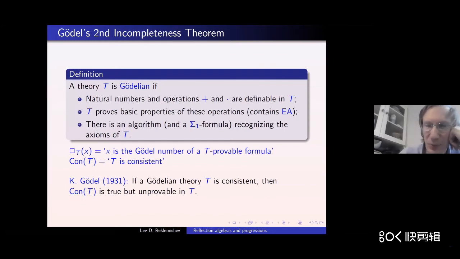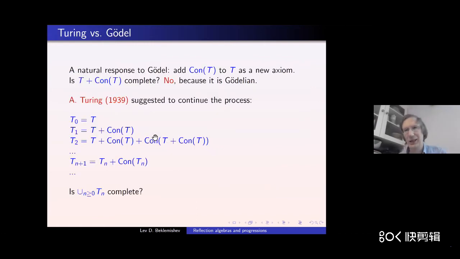So this property does not change if we strengthen our theory, right? And still there is an algorithm recognizing the axioms of our system, because we just added one axiom, so we add to our algorithm just one more case to consider, the particular formula Con(T). So the answer is yes, the theory T plus Con(T) is Gödelian, and therefore it is incomplete.